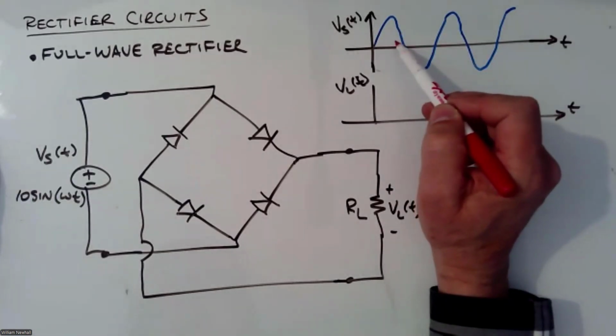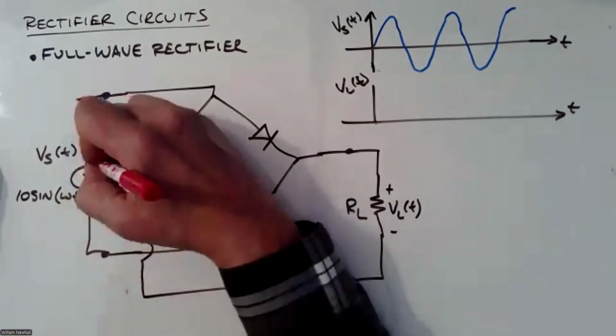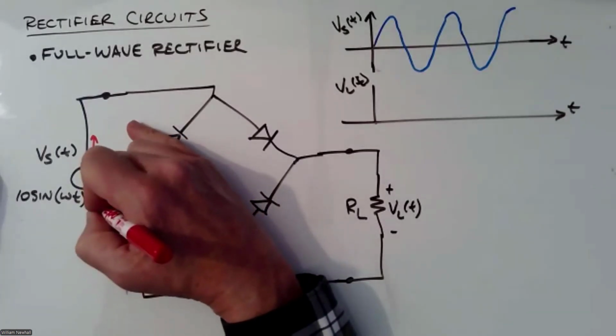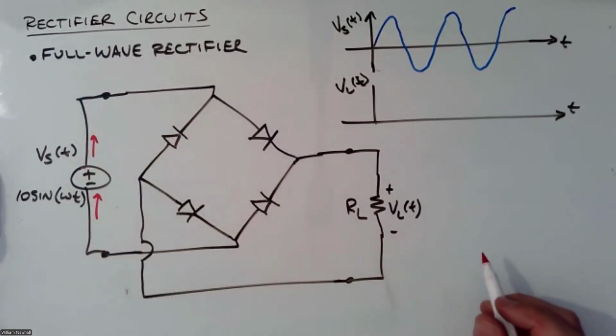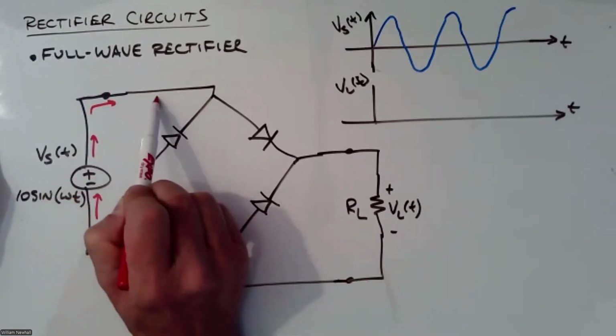So first, for the positive half cycle, when VS is positive, current is trying to flow out of the positive terminal of the source into the negative terminal of the source, as shown here. And so current's trying to flow this way.